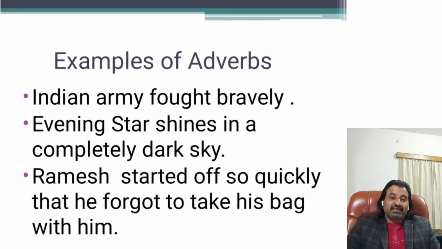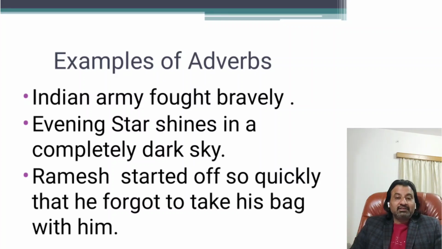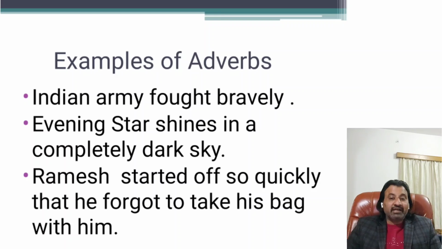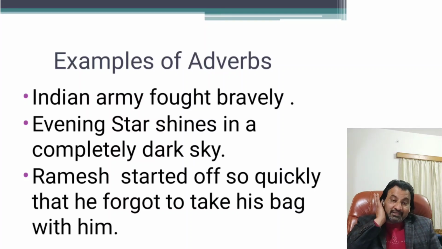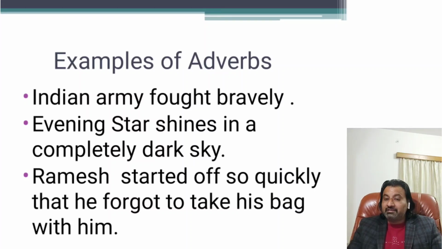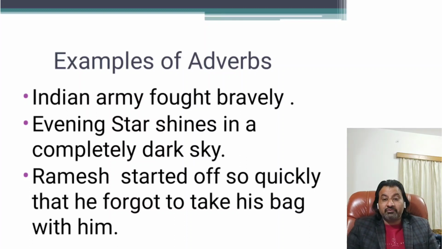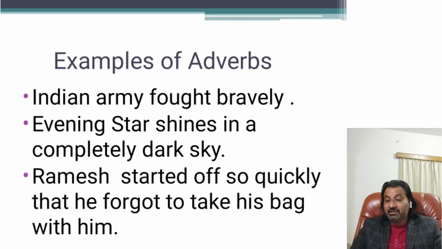And look at the next sentence. Ramesh started off so quickly that he forgot to take his bag with him. He started off, use of verb, so quickly.